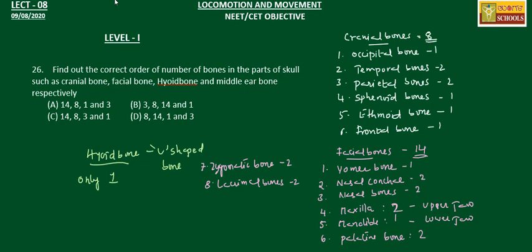Coming to the middle ear, it consists of 3 ear ossicles, the tiny bones, which we just saw: the malleus, incus and stapes. So the order is 8, 14, 1 and 3, respectively. So option D, 8, 14, 1 and 3, is the right option.